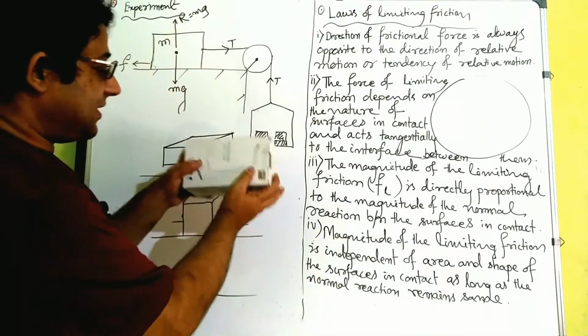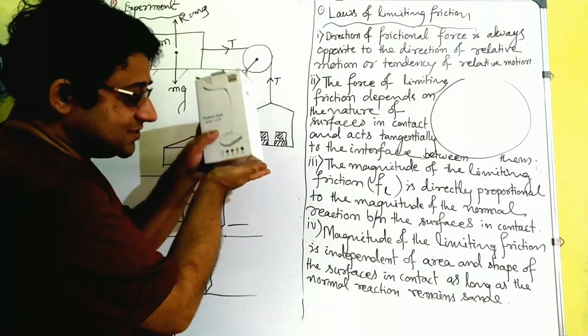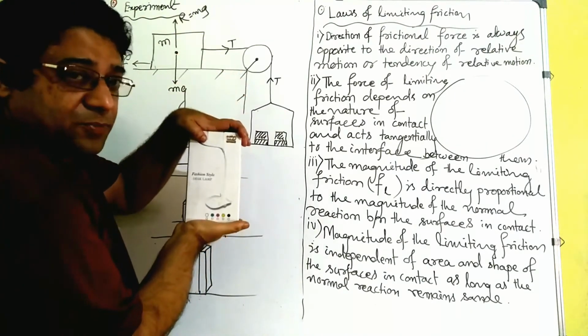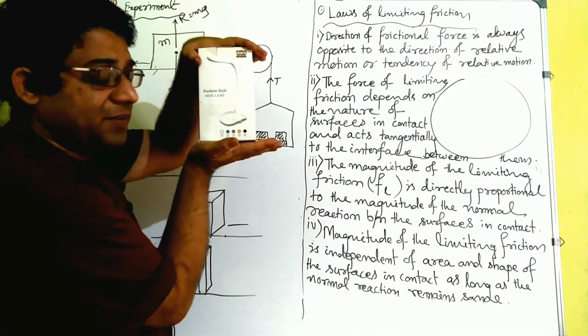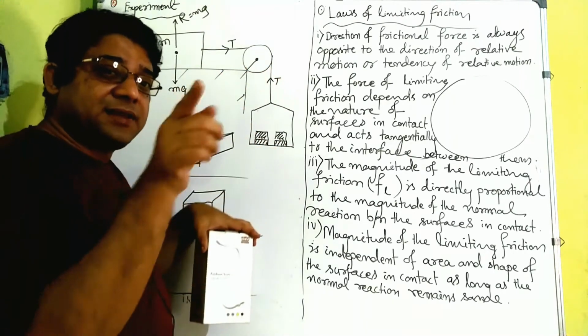It is like this. See, if you are keeping it like this, there is a tendency that the area in contact will be reducing, but at the same time the pressure will be more. That's why these two surfaces which are in contact will be pressed more. So the area of contact again will increase.